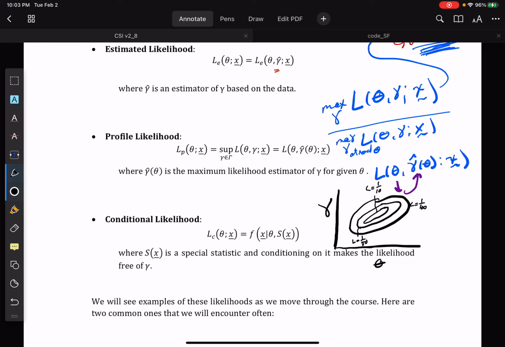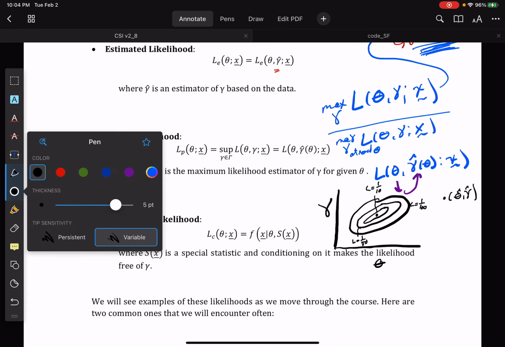So you're going from small, going up the chain, and you're getting bigger and bigger. And so in here is a point, and that point is at theta hat, gamma hat. Those are the maximum likelihood estimators over all points in this square.